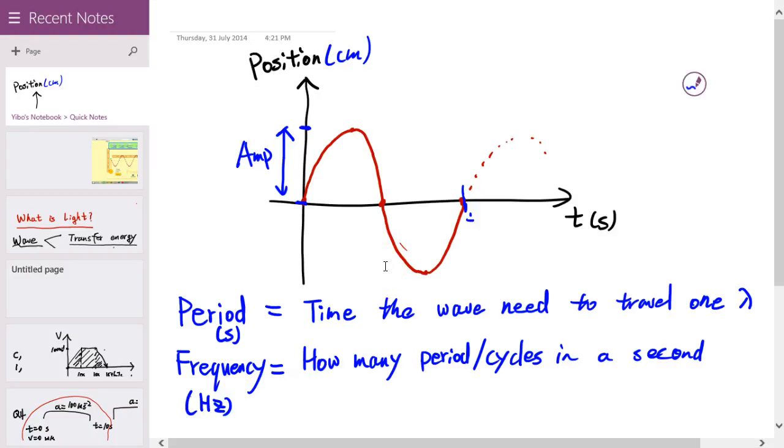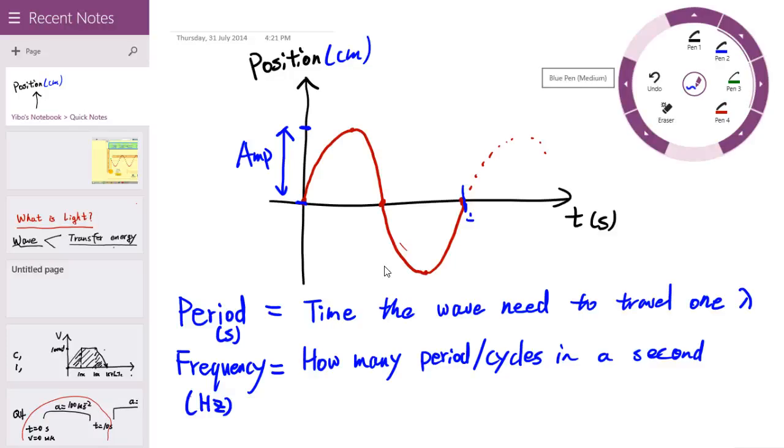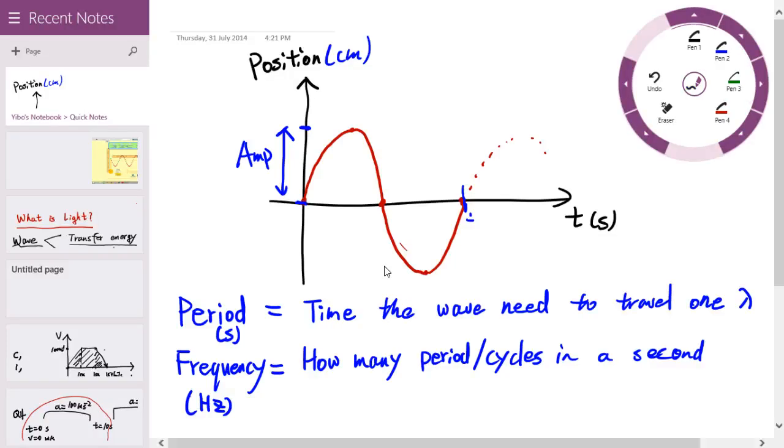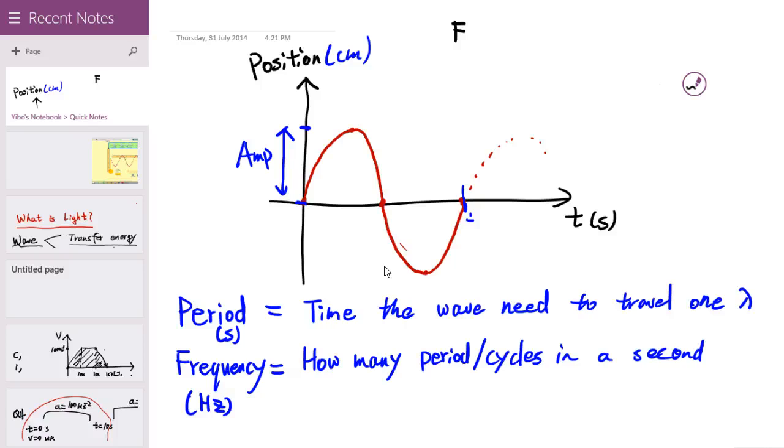One more important thing is the formula of frequency. Frequency in hertz can be calculated by 1 divided by the period. Say if the period of the wave is 0.5 seconds, it means it takes half a second for the wave to travel through one wavelength, one cycle.